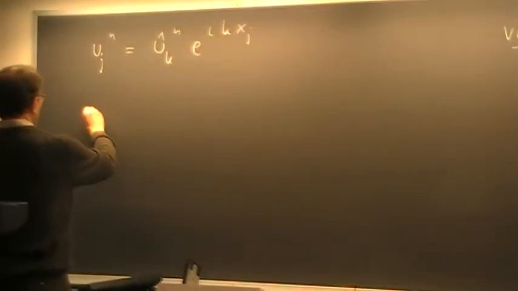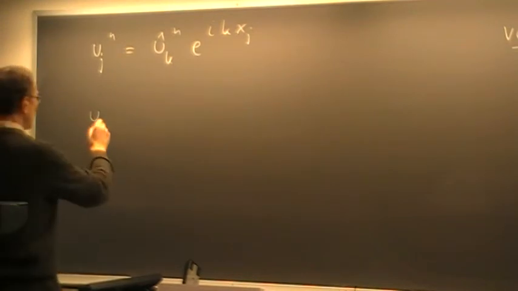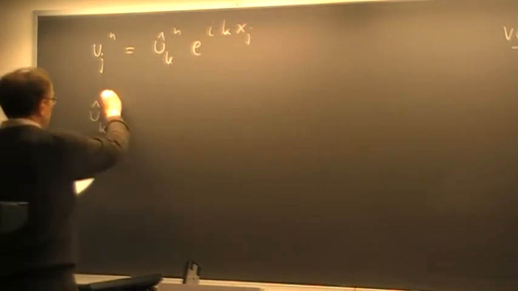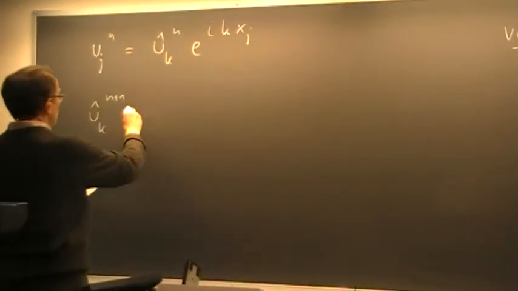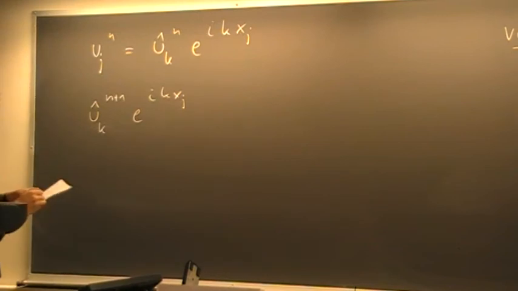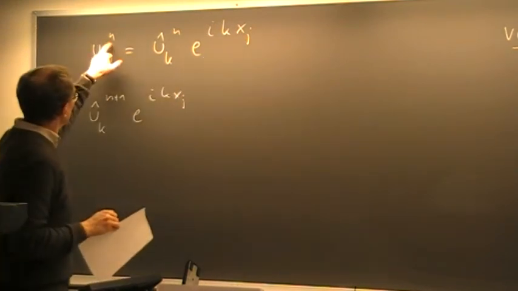And then we just insert that. So for ujn plus 1, we have the Fourier mode uk hat at the new time level, e to the I k xj. You see here, the index is here, and the time level is here.